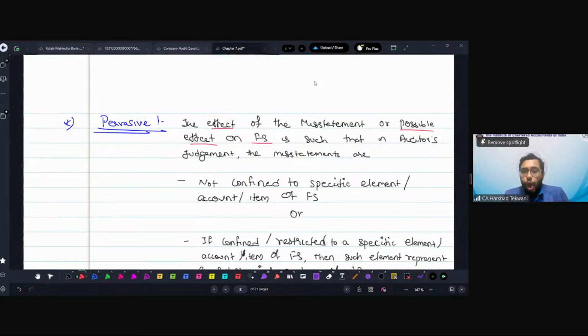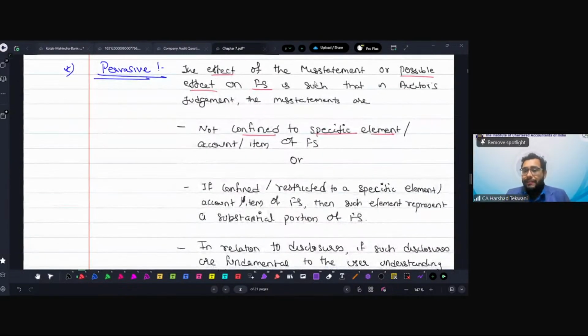that it is not confined to a specific element, the way we discussed, let's say it is impacting trade receivables, it is impacting sales, it is impacting inventory, multiple items are being impacted, not confined to one specific element.